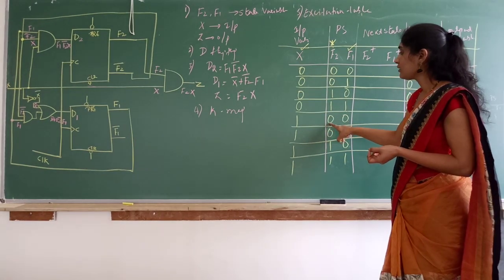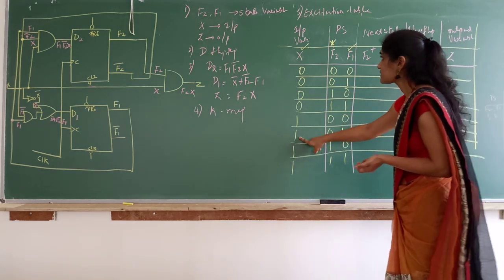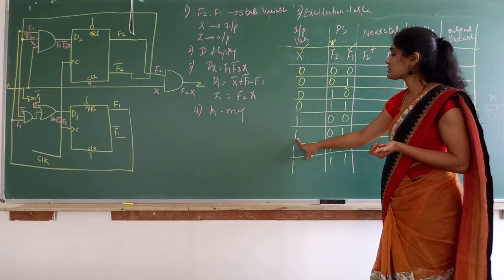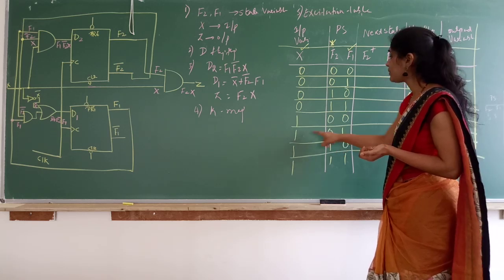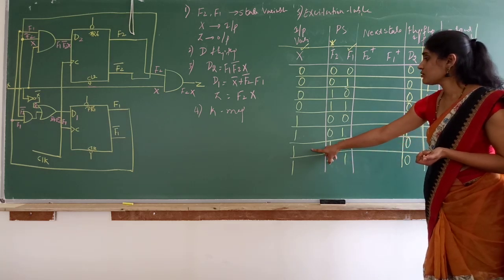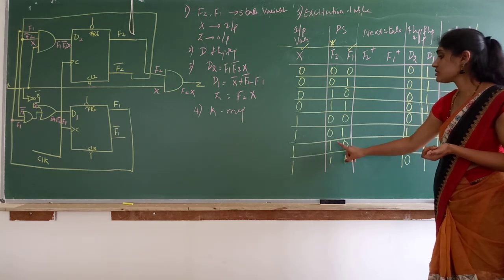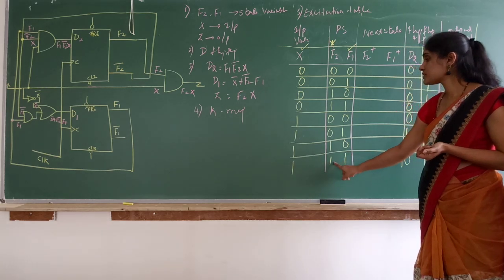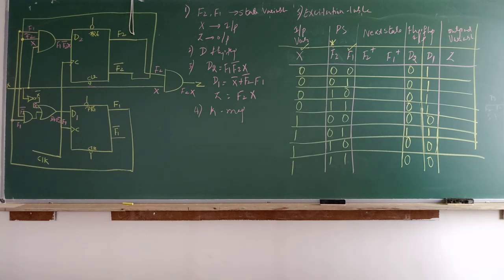F2 bar is 1, F1 is 0, so 0 plus 0 is 0. This is the normal basic AND and OR gate operation. X bar is 0, F2 bar is 1, F1 is 1, so 0 plus 1 is 1. Then where F2 bar is 0, we get 0 plus 0, which is 0. So this is D1.